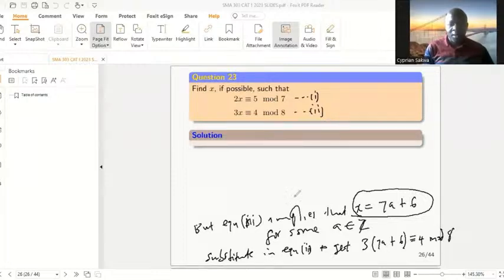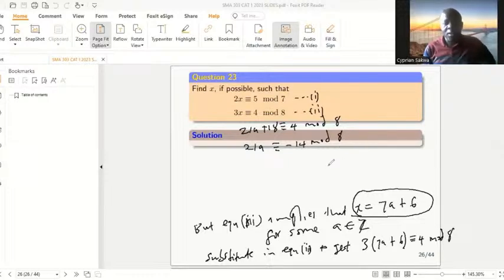Now, let me just open the brackets here. 21a plus 18 is congruent to 4 mod 8. Let me take 18 to the other side. 21a is congruent to negative 14 mod 8. Now I'm asking myself, if 8 were to go into negative 14, what would be the remainder?